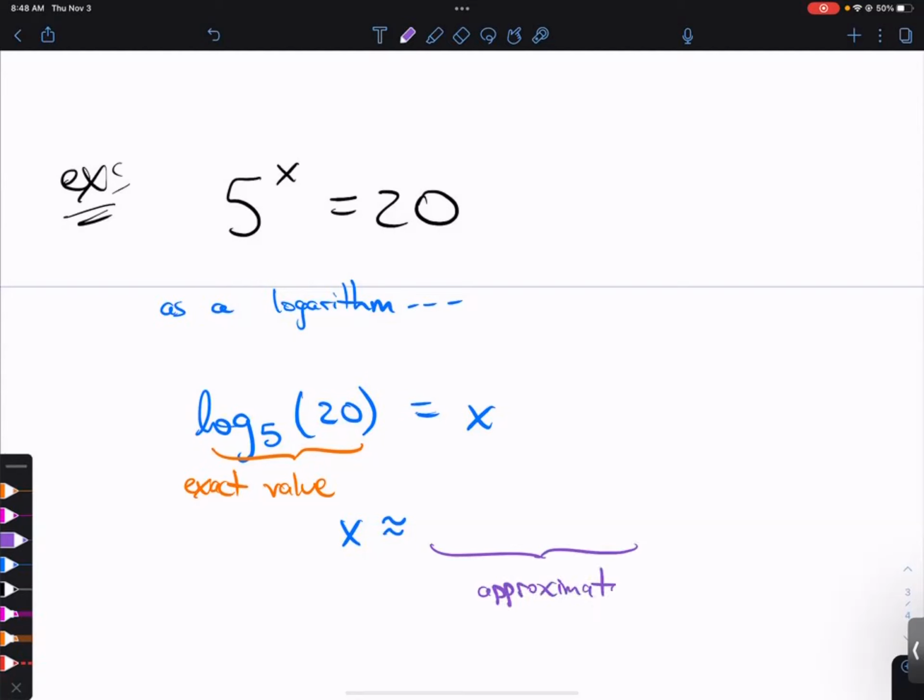But go ahead and get that and give it to me to maybe 2 decimal places. 1.86. Okay, well, the nice powers are 5, then 25. We skipped over 20, but 20 is between 1 and 2, and ought to be closer to 2. So this makes sense as an answer. And again, that's rounded to 2 places.